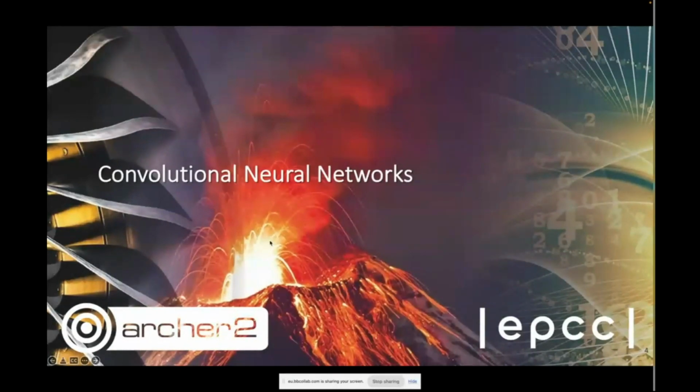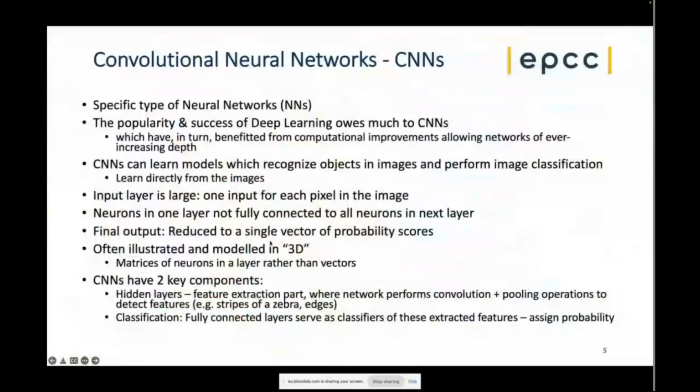Let's now look at a variation which was designed to deal with image classification. So convolutional neural networks, they're a specific type of neural network. And actually the popularity and success of most of deep learning owes a lot to these convolutional neural networks. They were one of the earliest big advances made once we had enough computational power to do deep learning.